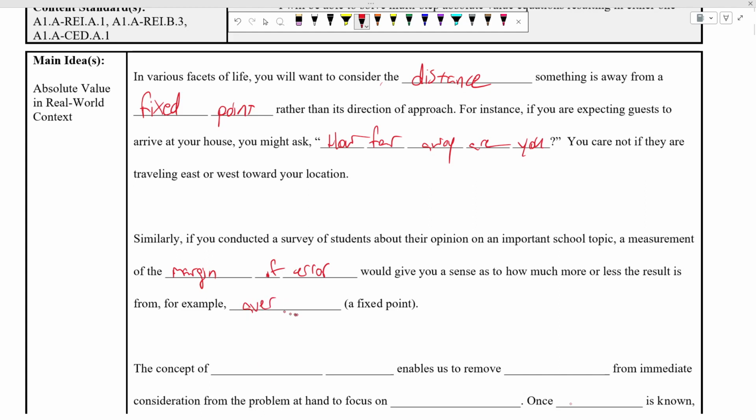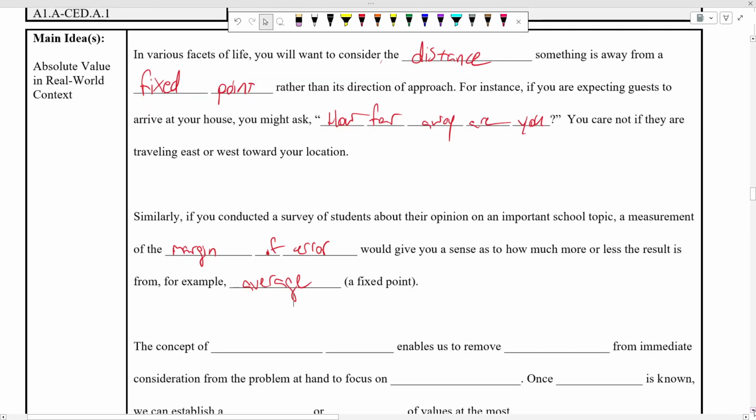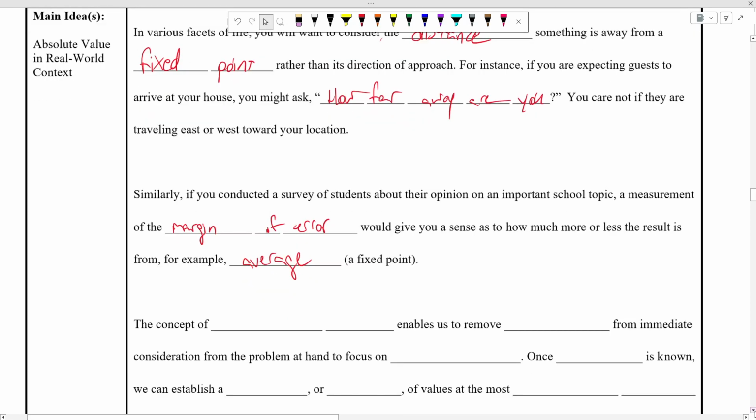You may also hear the term deviation, right? But average would be the fixed point, and there is some movement away from it. Now, this whole concept of distances away from things really encapsulates what absolute value is all about.